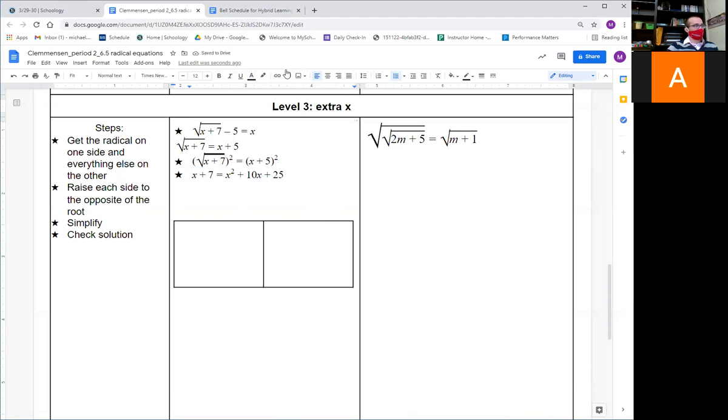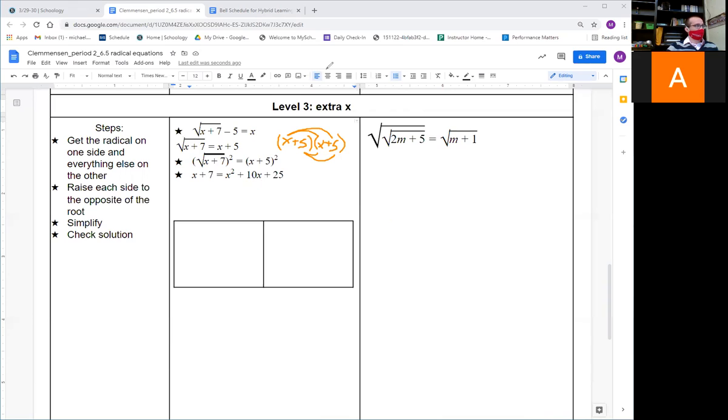Again, to do this right here, I FOILed x plus 5 times x plus 5. FOIL: first, outside, inside, last. Gives you this one, simplify.